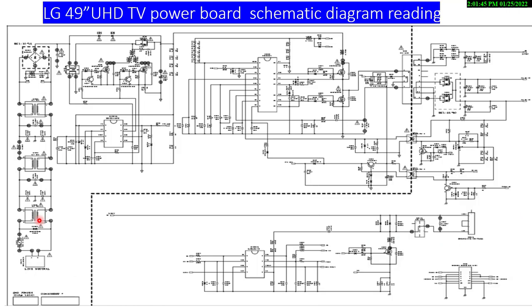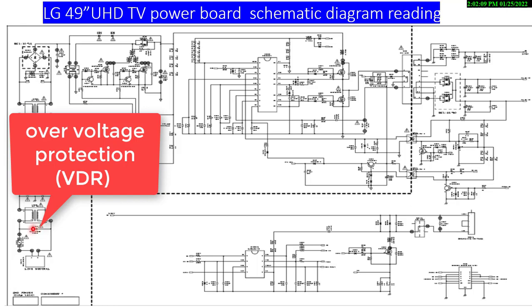The other protection circuit in this chip is over voltage protection. Here is a VDR, or voltage dependent resistor, that protects the circuit when high voltage comes from the utility by varying the resistance value of the component.